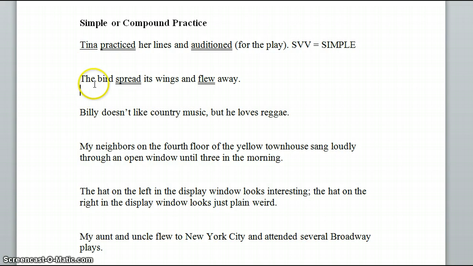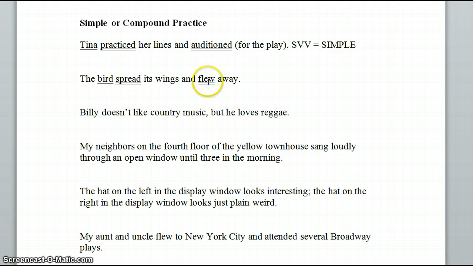So we start from the front. We go to the first verb, spread. Who spread its wings? What spread its wings? And here is the answer, bird. So bird is our subject. Going with this verb. Let's keep going. Second verb, flew. Who flew away?